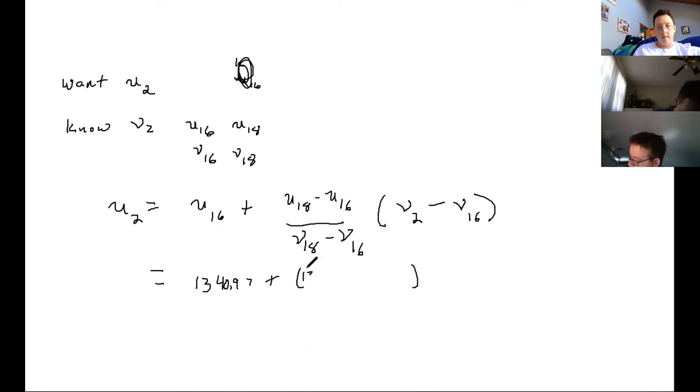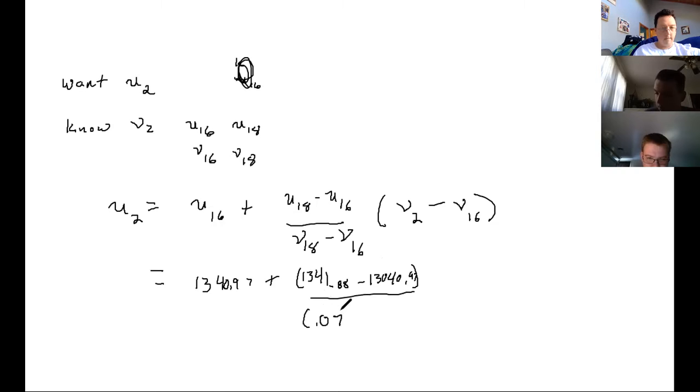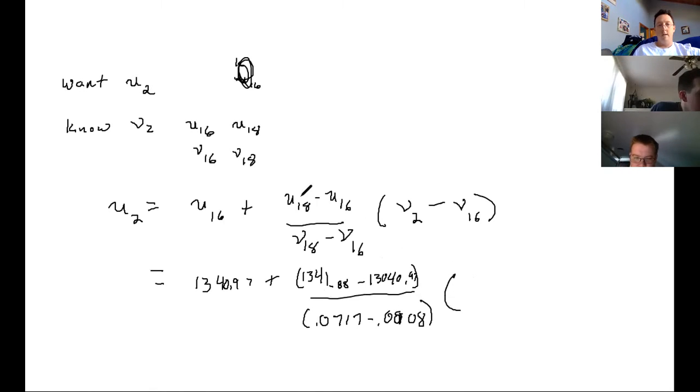That's going to be 1341.88 minus 1340.97, divided by the change in specific volume, which is 0.0717 minus 0.0808, times the specific volume at state 2.